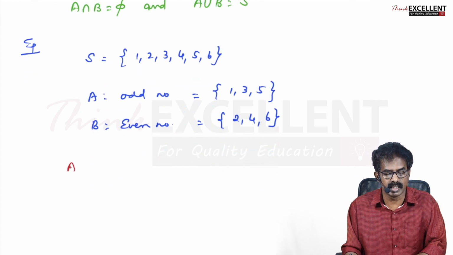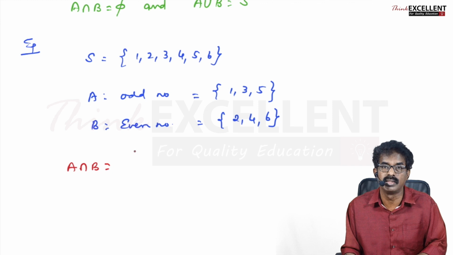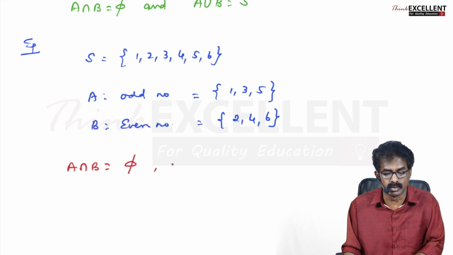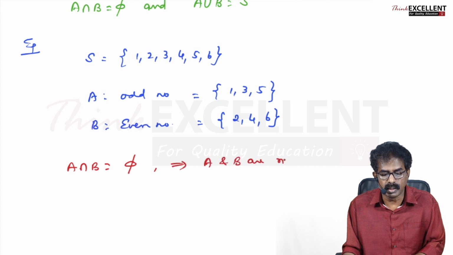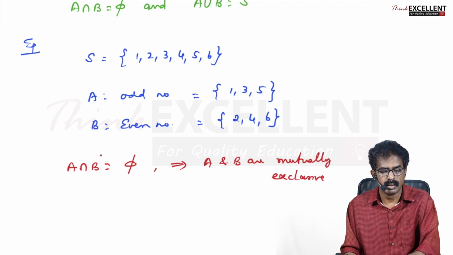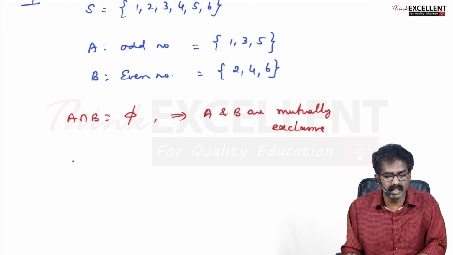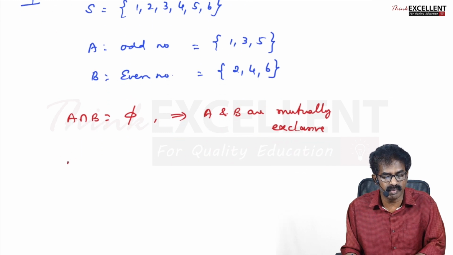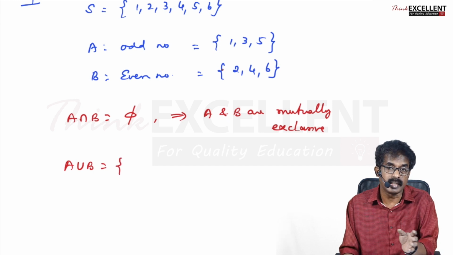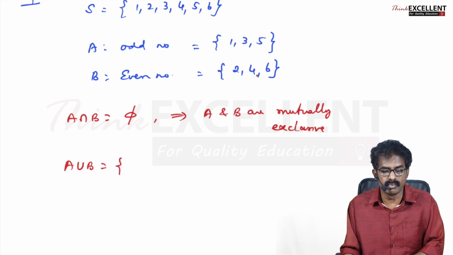First check: are they mutually exclusive? Find the intersection A intersection B. What is common in both? Nothing is common, empty set. So A and B are mutually exclusive. Then for the second condition, we find A union B. Union, you write everything: 1, 2, 3, 4, 5, 6.